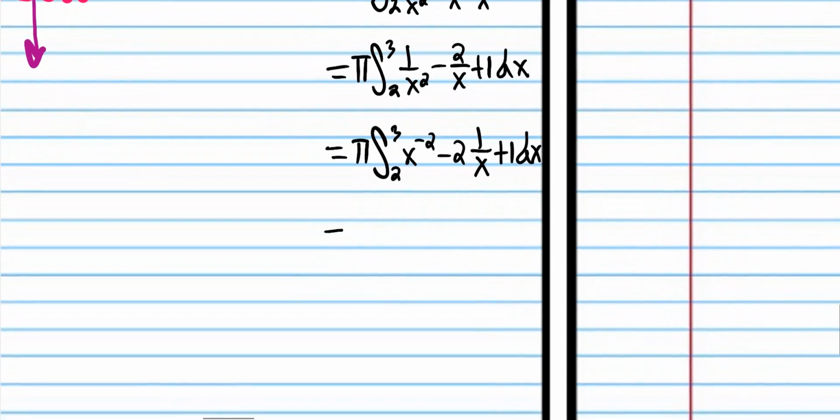So now we're ready to find the antiderivative. Again, because we have the pi outside, we're going to need two brackets, not just one. We're going to add 1 to the exponent to find the antiderivative. Now the antiderivative of 1 over x, that's natural log x. Do you remember that?